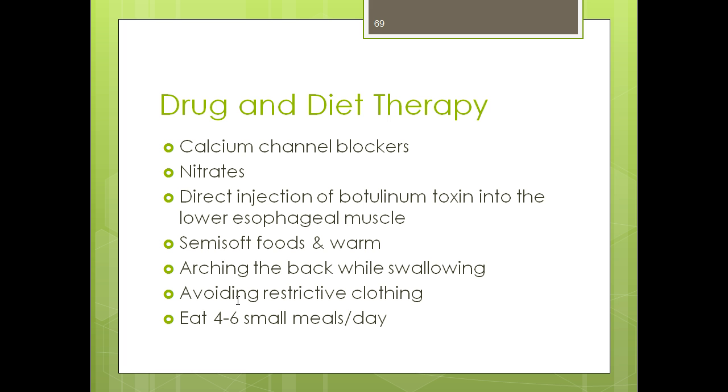Basically, as far as drug therapy is concerned, you would have the use of calcium channel blockers, nitrates, and sometimes you would inject some type of botulism toxin into the lower esophageal muscle.